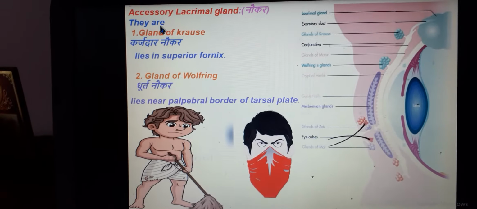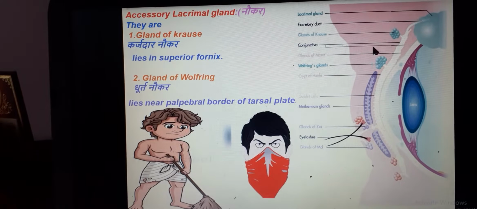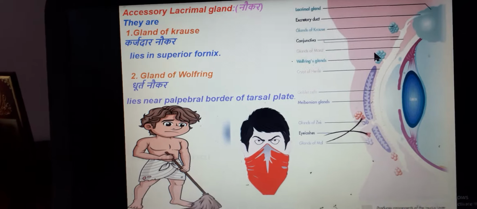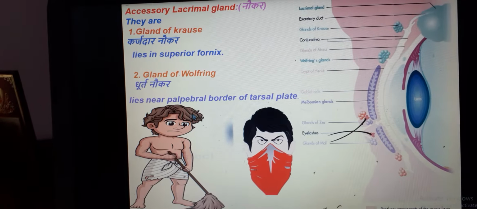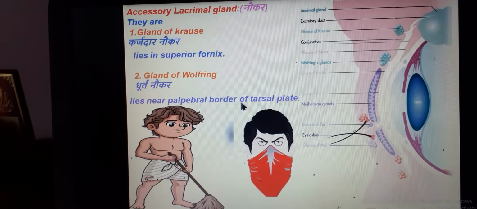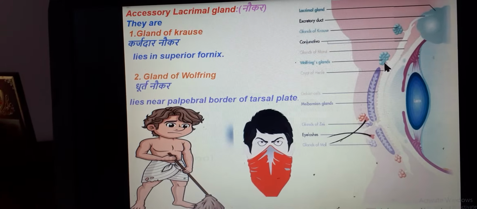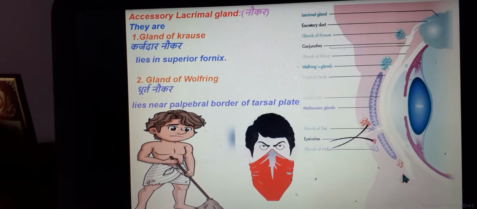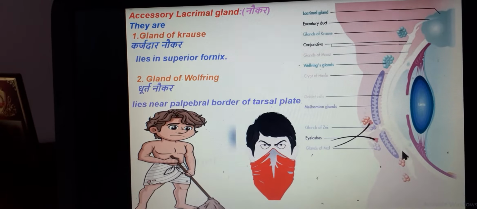Gland of Krause lies in the superior fornix. This is the superior fornix and this is the inferior fornix. This is the superior fornix, it lies in the superior fornix, and gland of Wolfring, the dhurt knocker, lies near the palpebral fissure. This is Krause and this is Wolfring, above Krause, or also here, in the superior as well as in the inferior fornix.